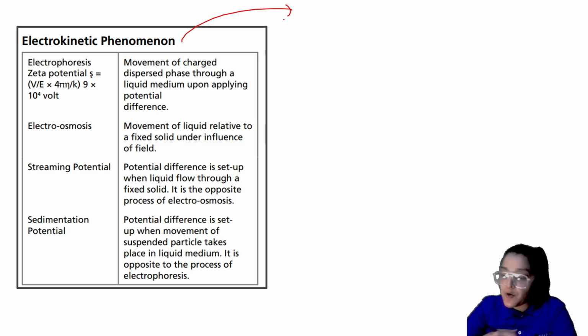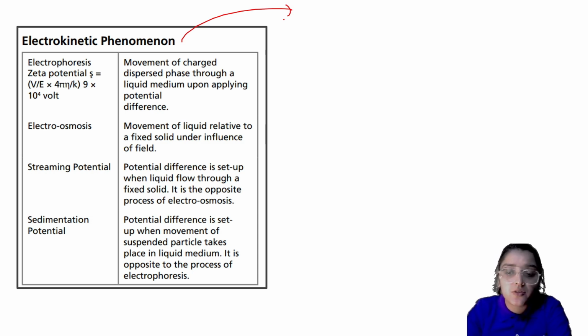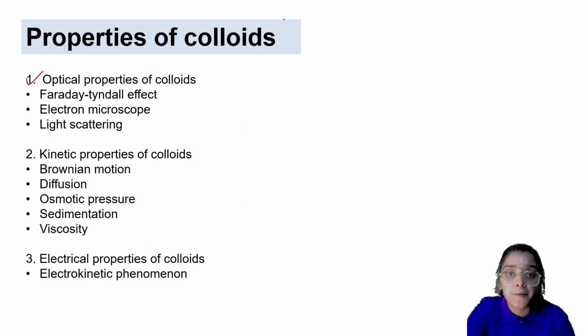The electrical properties of colloidal particles, these phenomena are observed in the electrical double layer, electrophoresis, electroosmosis, streaming potential, and sedimentation potential. However, as mentioned, I will not be discussing these topics here because they are not very much a part of your syllabus. You just need to be aware of the properties I have just shown you.